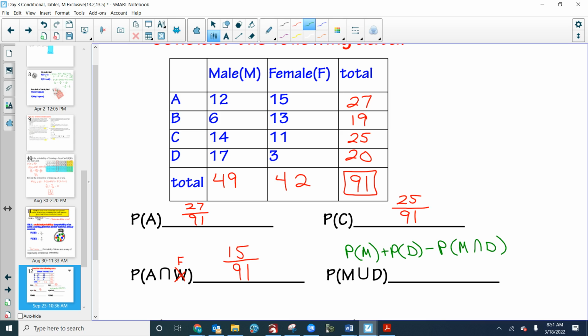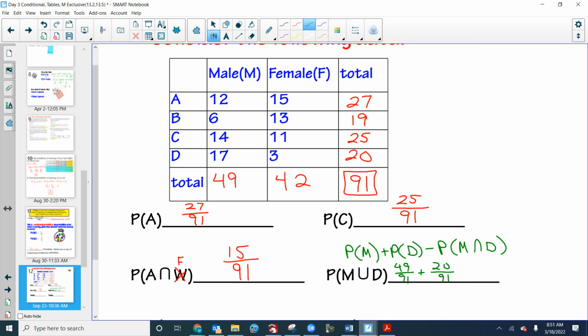Right? What's P of M? 49 out of 91 plus, what's P of D? How many D's are there? 20 out of 91. And then is there any overlap?